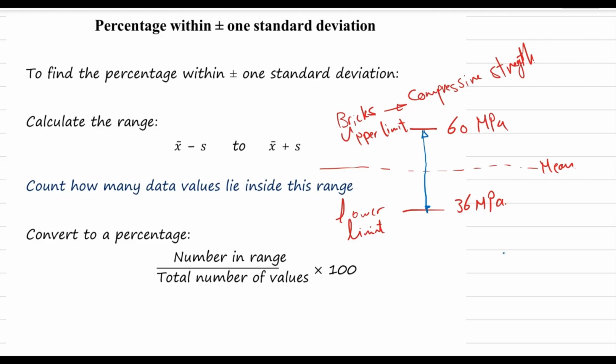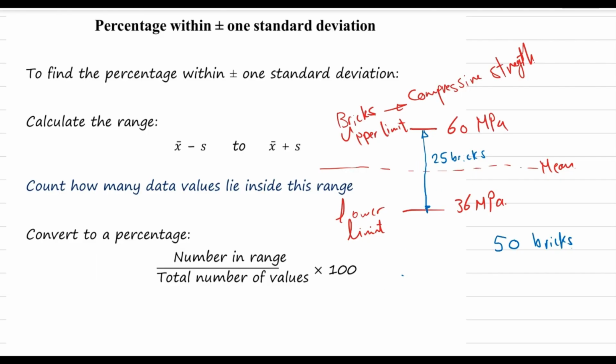For example, say I have 50 bricks in total, but when we count the bricks that show data between this lower limit and this upper limit, we found they are 25. So 25 bricks out of 50 lie between the lower limit and the upper limit.